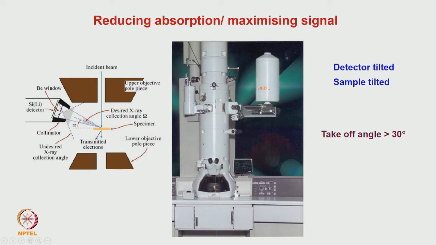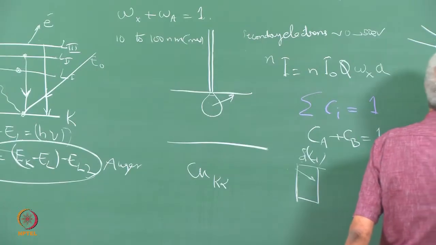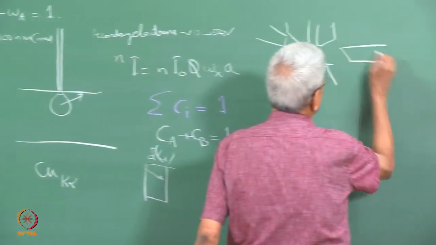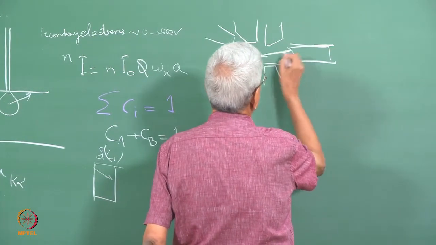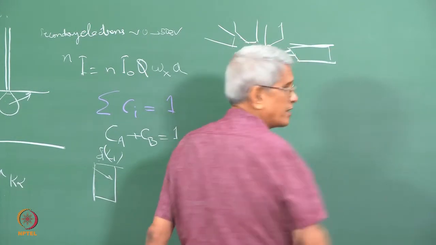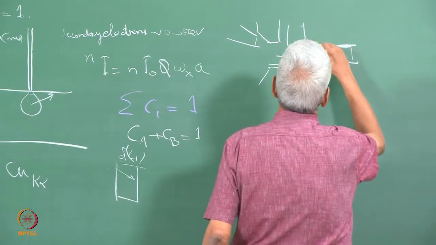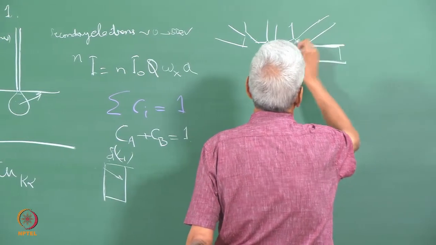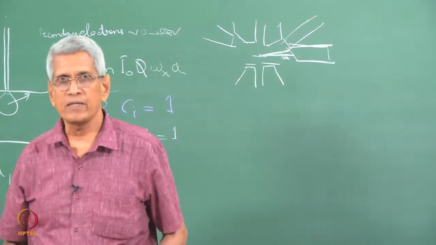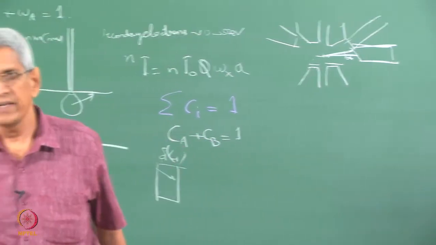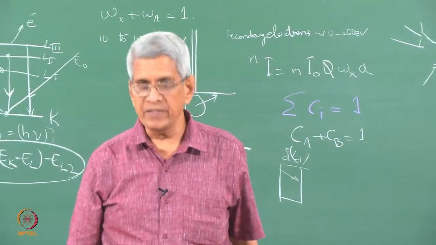But what is being done here is that the end of this rod, where the detector is kept, is inclined like this. Since the detector is inclined like this, we can maintain the angle of essentially 30 degrees. The other option is that you can keep the detector coming like this, so the same angle could be achieved. These are the two approaches used practically to increase the takeoff angle.